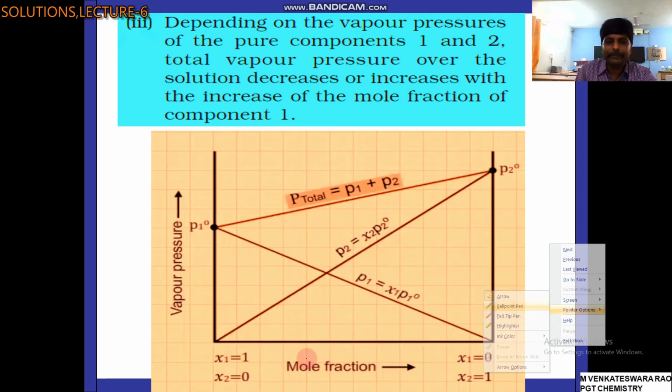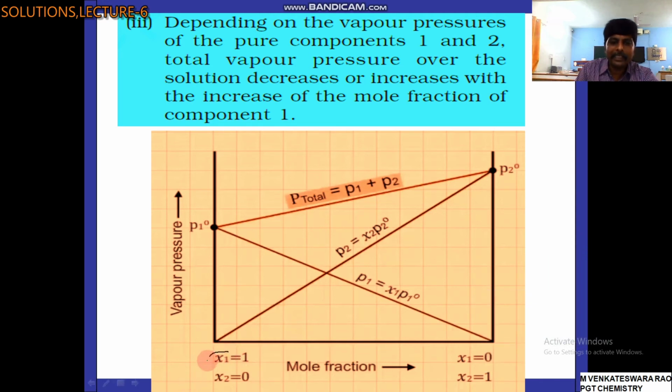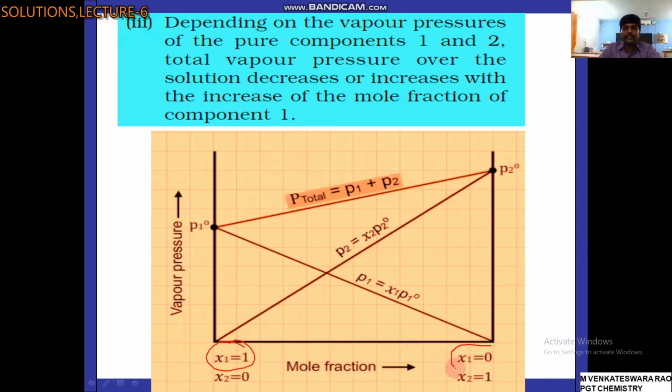X1 goes from 1 to 0 along the x-axis, so X1 value decreases and at the same time X2 value increases.